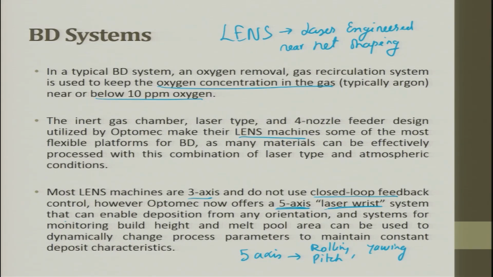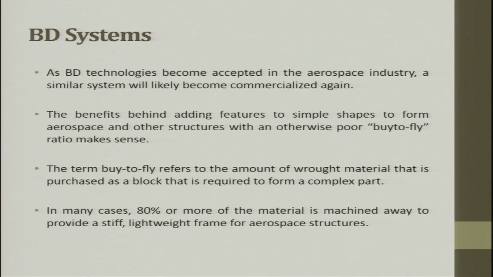That can enable deposition from any orientation, and systems for monitoring built height and melt pool area can be used to dynamically change process parameters to maintain constant deposition characteristics. As BD technologies become accepted in the aerospace industry, a similar system will likely become commercialized again.